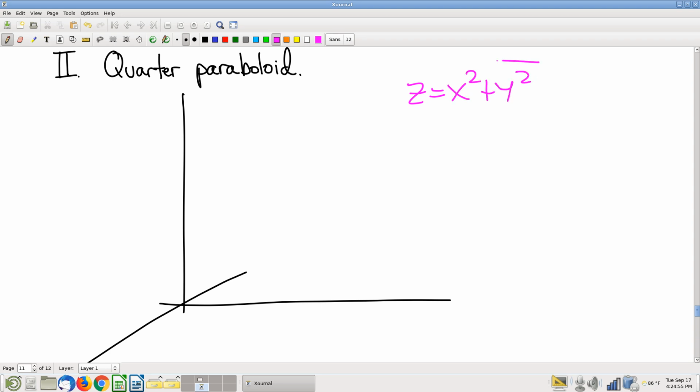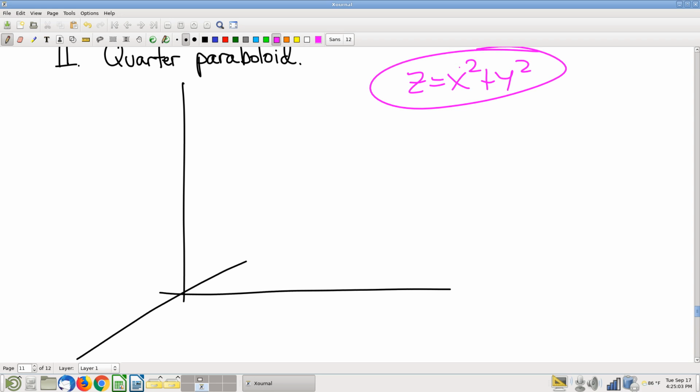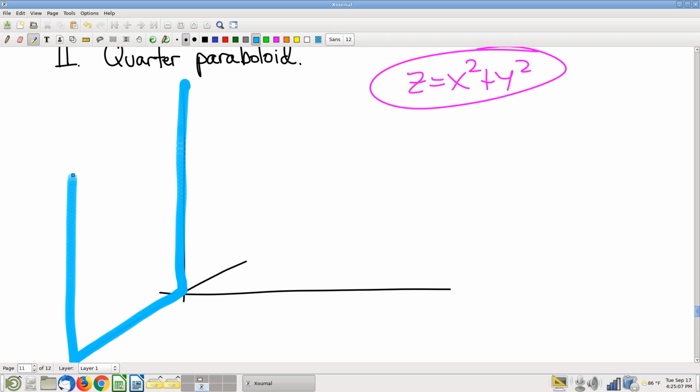There's a paraboloid. Right? And let's look at the part that sits inside of again this first octant. Okay, so let's start off with what does that look like inside of that plane? Well, this plane is the plane y equals 0.